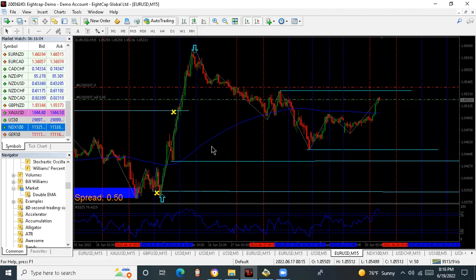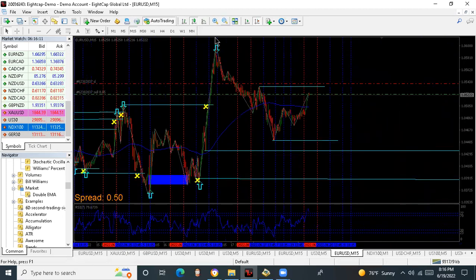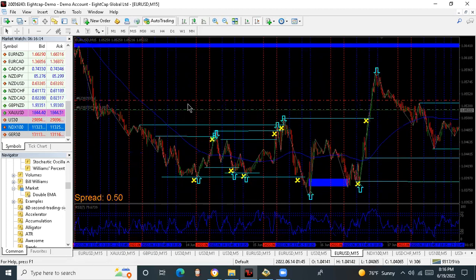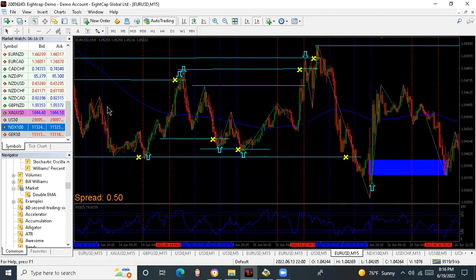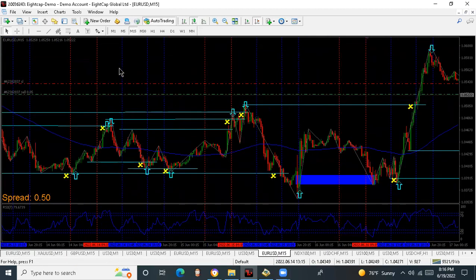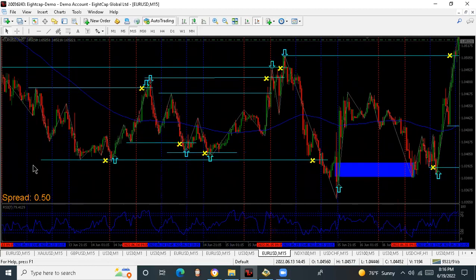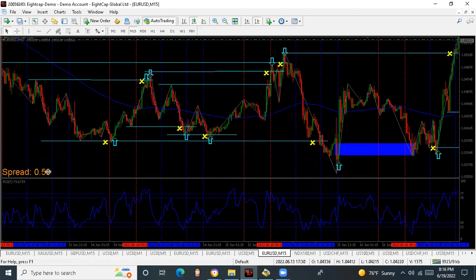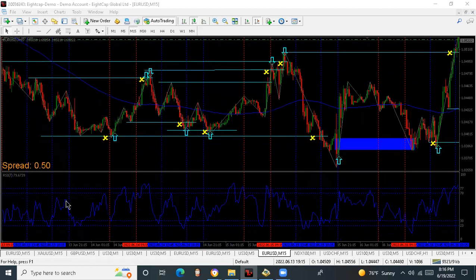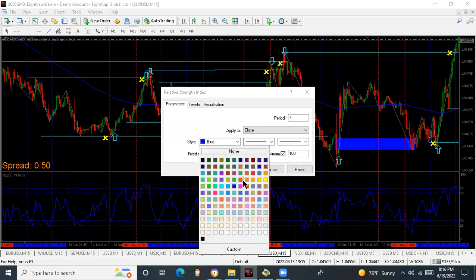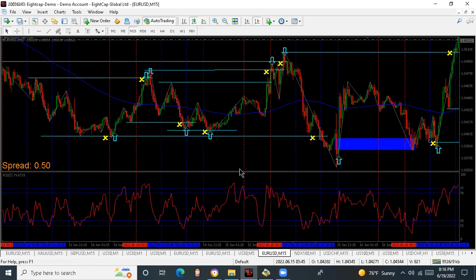But I want to show you divergence across these charts now, right? RSI, 7 period.